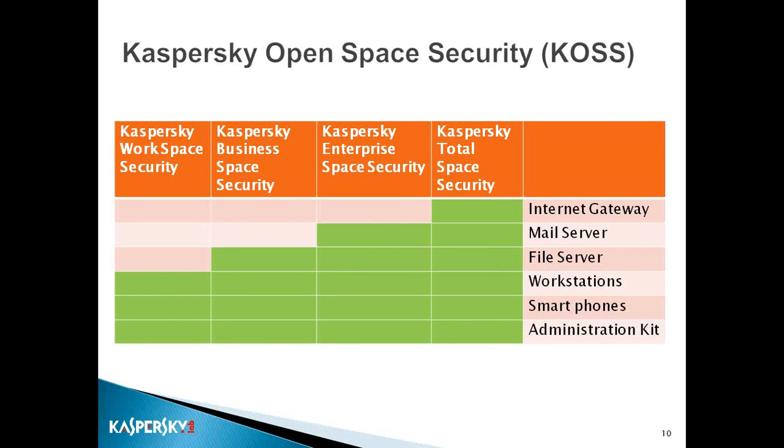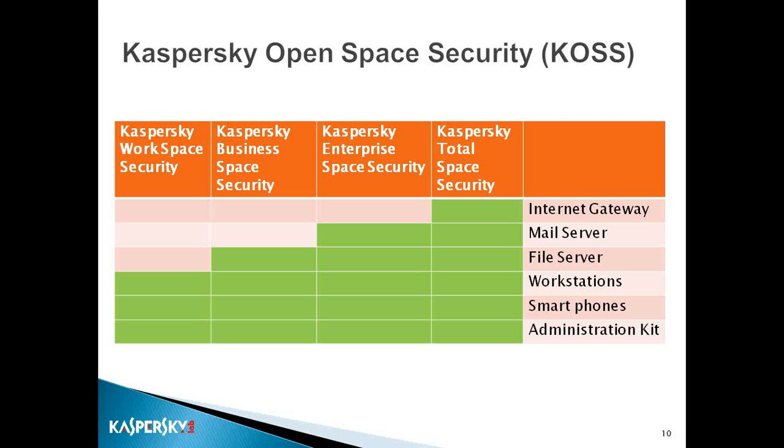To explain how Kaspersky is structured from a licensing perspective, the entry-level product, which is probably most relevant to the audience today, would be Kaspersky Workspace Security, otherwise known as COS1. That gives you complete protection for all your workstations.